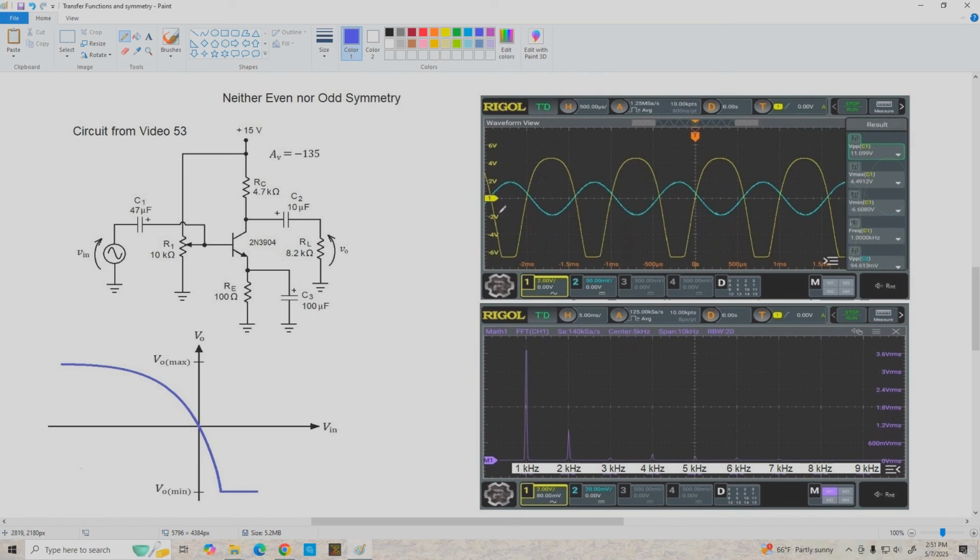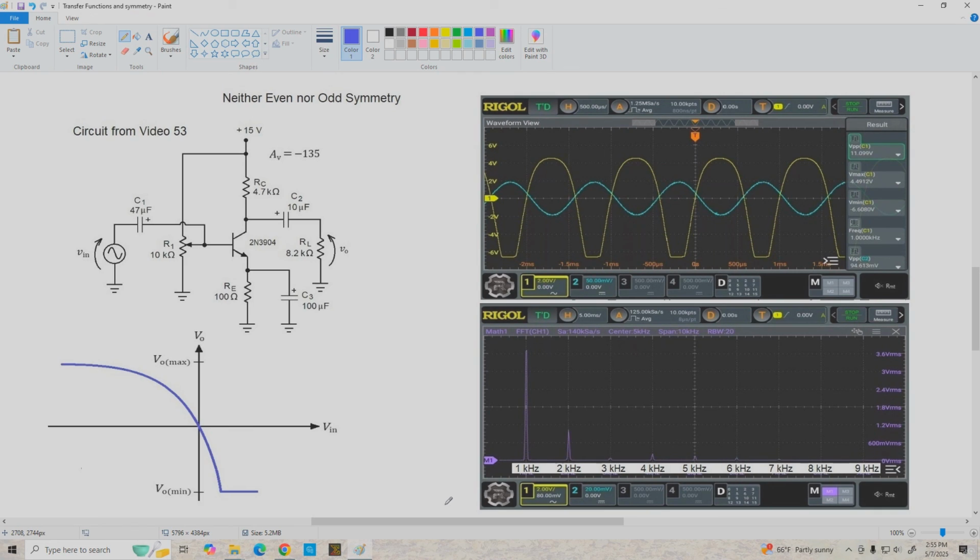Now, the spectrum for the output signal is shown below, and we can see it does contain the original fundamental plus the second harmonic, third harmonic, fourth, fifth, and so on, and there's not a real nice relationship between the amplitudes. We can see the third harmonic is a little smaller than the fourth, but we are getting both even and odd harmonics as we would expect from a transfer function that is neither even nor odd.